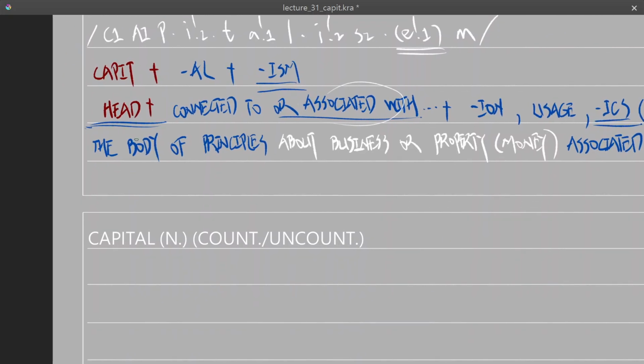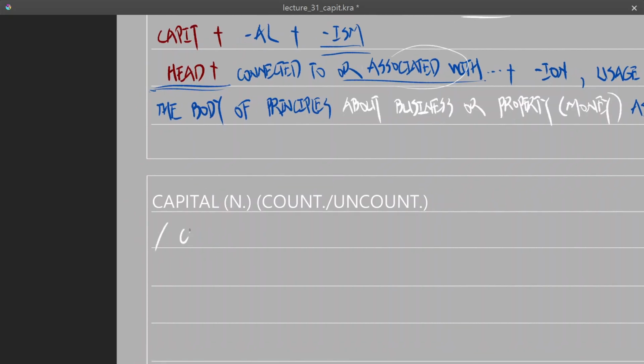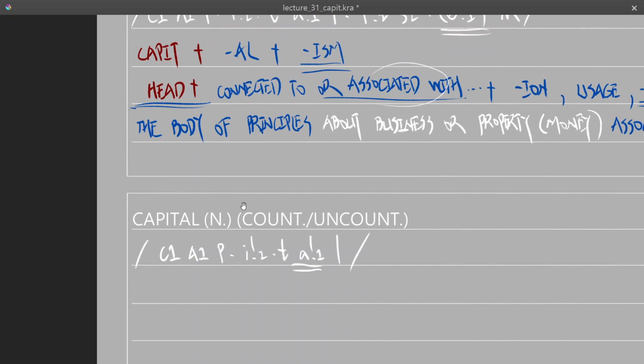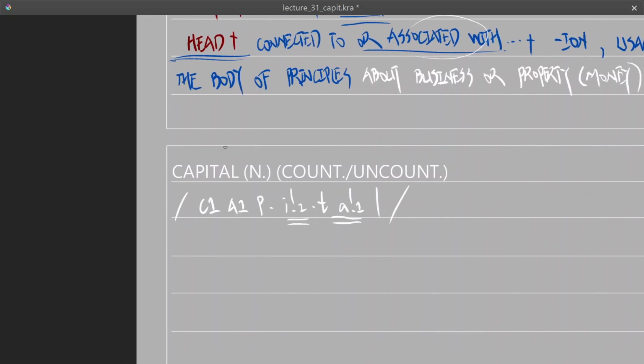Alright, so next we have capital. Again, we have the first lazy vowel sound and the second lazy vowel sound, a schwa sound and an I sound, since every vowel may say one of the lazy vowel sounds, or E, in an unstressed syllable or unstressed word.